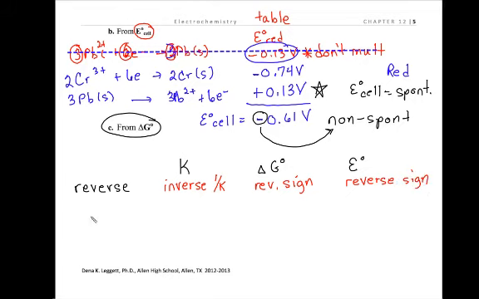Now, if we multiply by a factor, let's multiply by the factor A, we would raise K to that power. So our new K would be K to the A. If it was delta G, we would multiply by that factor.